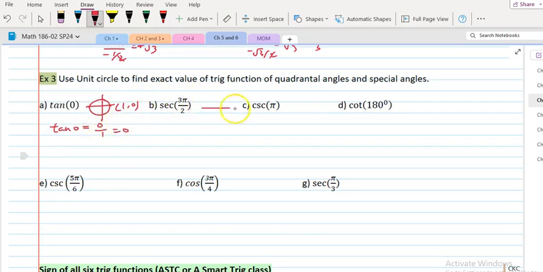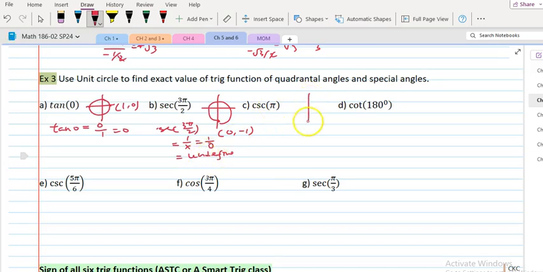And then 3 pi over 2, where is it? It's here, right? So still remember this point? 0 comma negative 1. But I want secant. Secant 3 pi over 2 is 1 over x. 1 over 0 is undefined. Does not exist.